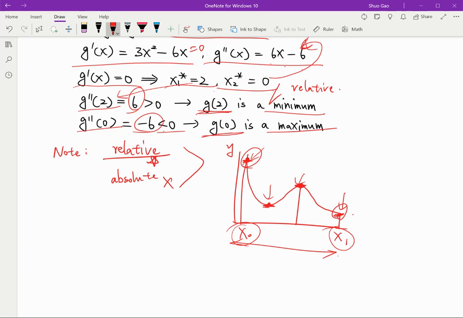Then you compare the larger value of the endpoints to the relative maximum to determine which one is the absolute maximum and which one is just a relative maximum. So just don't forget the endpoints when we find the absolute maximum in the domain from x0 to x1. Okay.